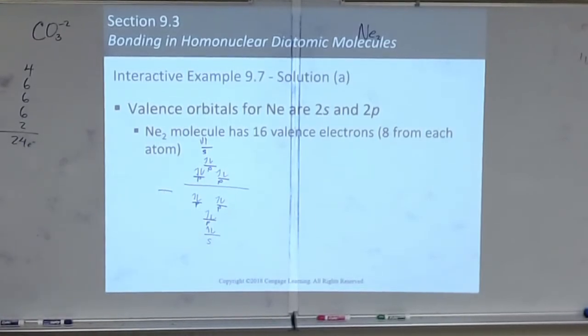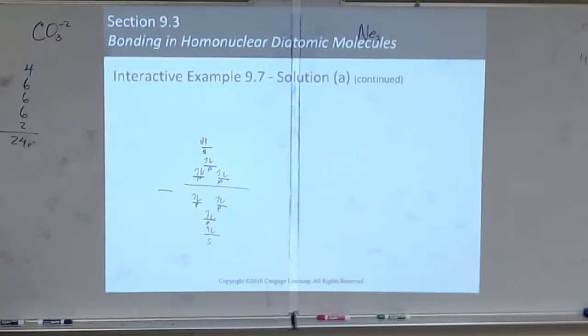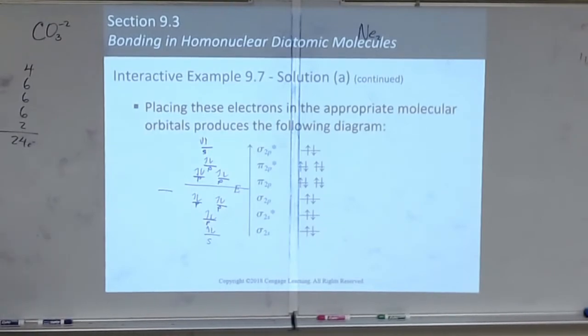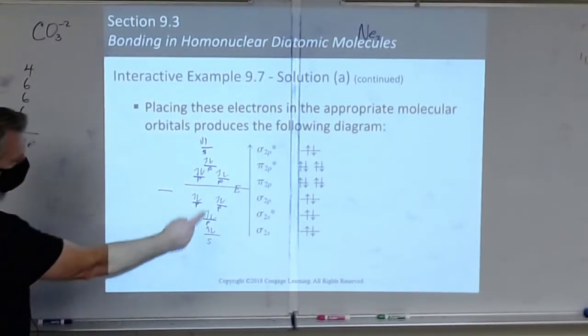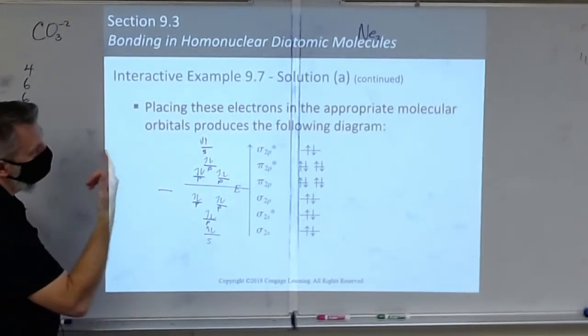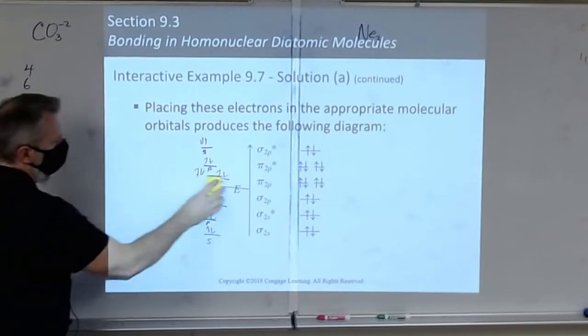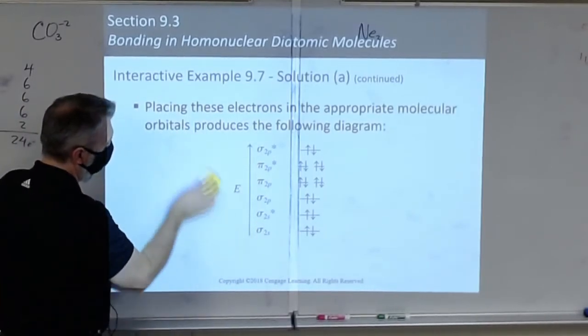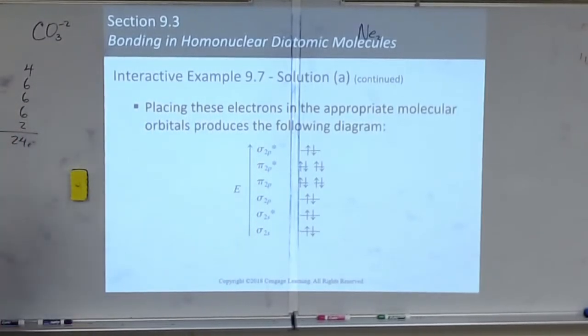So this is 8 minus 8, divided by 2, is 0. Neon does not bond. It was not expected to bond, which makes perfect sense, right?